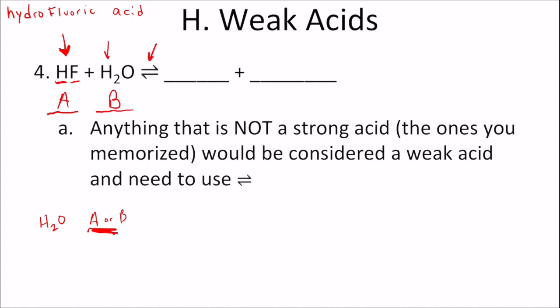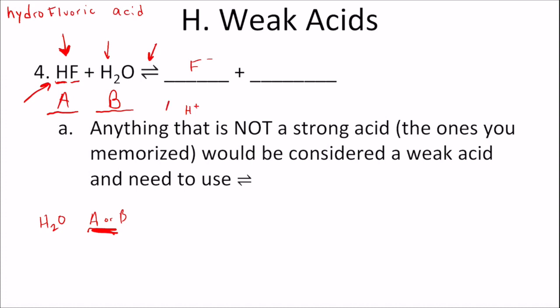And now the next part is figuring out what the products are. So this is an acid. Acids give up H pluses, right? They produce H pluses. So what's going to be left over after the HF loses an H plus? Yeah, exactly. It's going to be F minus, right? Because it lost an H plus. Remember, it has to be balanced.